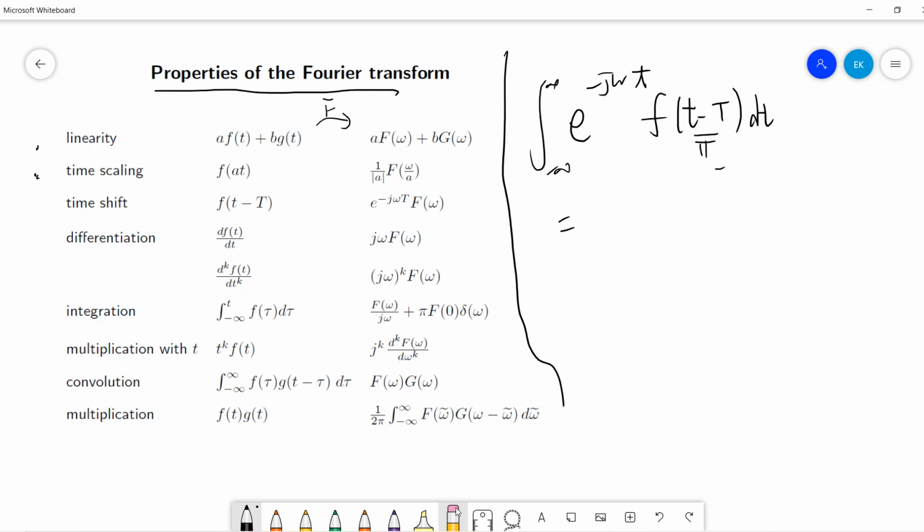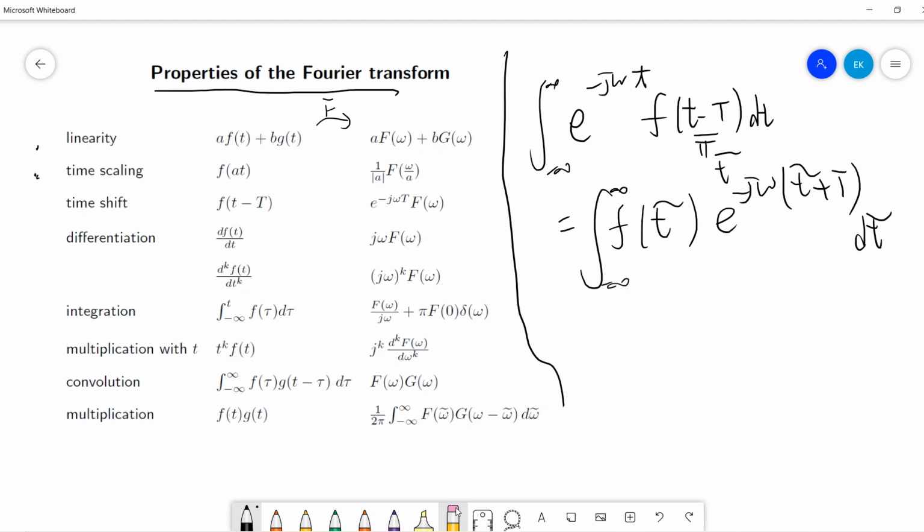Then this is basically t tilde. So f of t tilde times exponential of minus j omega t tilde plus T, dt tilde. So this is just right. You see, this is your answer, but times this. So this is also trivial.